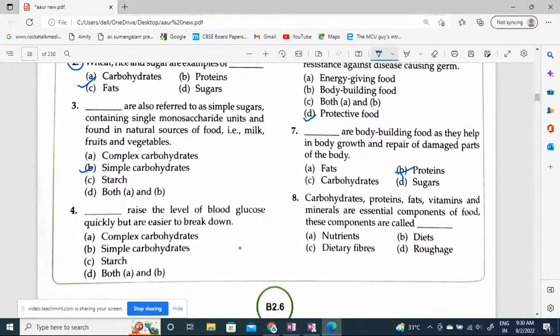Carbohydrates, proteins, fats, vitamins, and minerals provide resistance to inflammation. These are nutrients. Option A, nutrients.